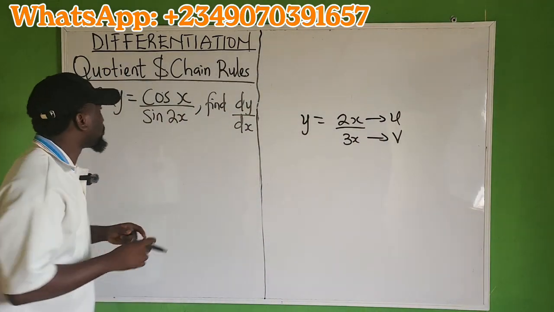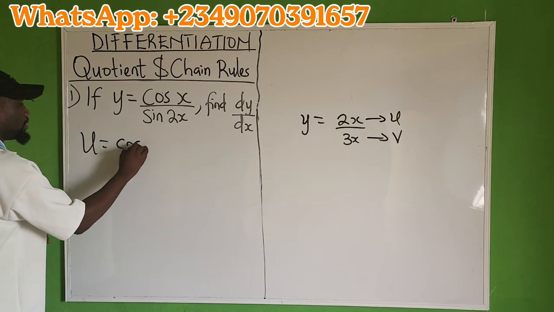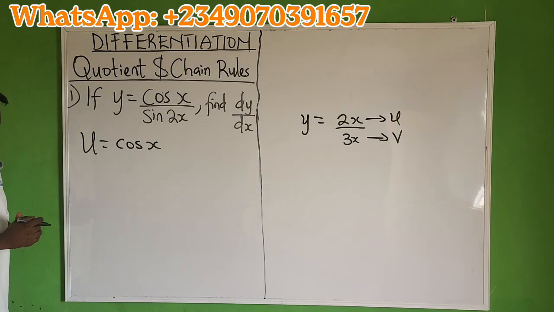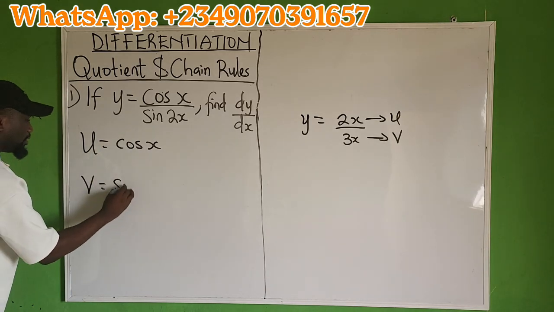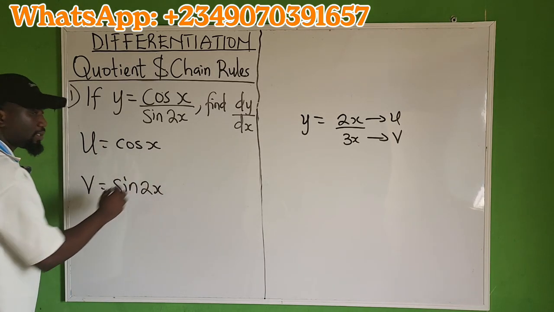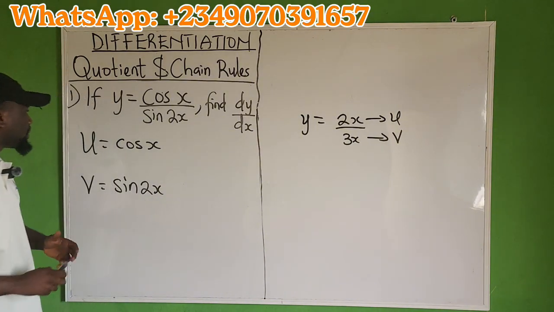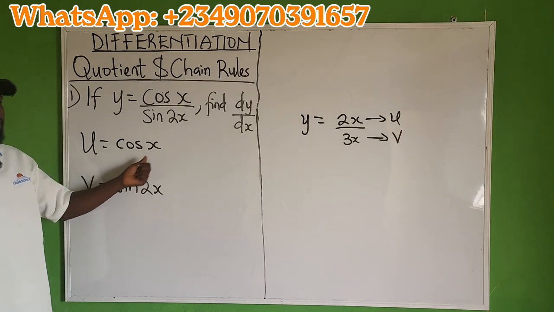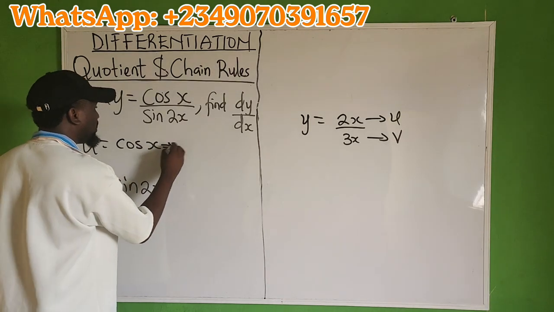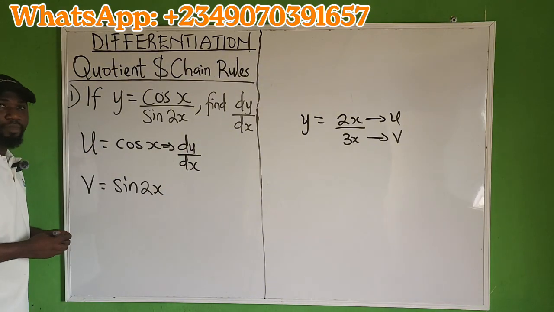So for this, u is cos x, and v is sine 2x. Please take note. The next thing for us to do is to differentiate u with respect to x, that is, find du over dx.